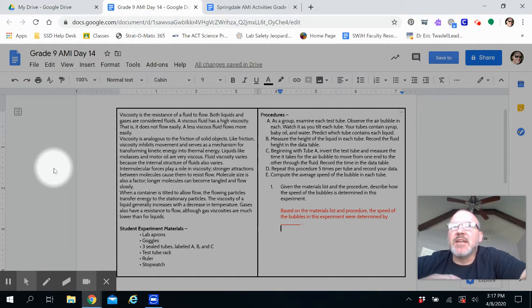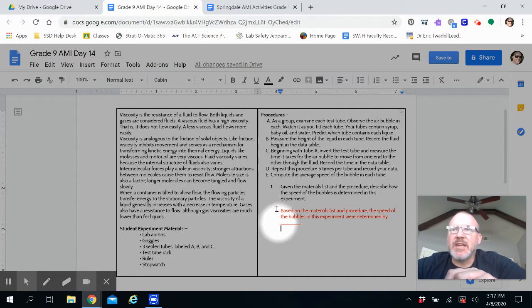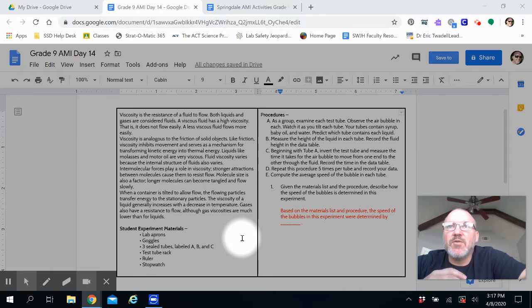So let's take a look here at the question. Today we have a reading about a lab experiment. Before we start the reading, I want to look specifically at what the question is asking. It says, given the materials list and the procedure, describe how the speed of the bubbles is determined in this experiment. Just want to point out that you are not actually doing this experiment to answer this question.